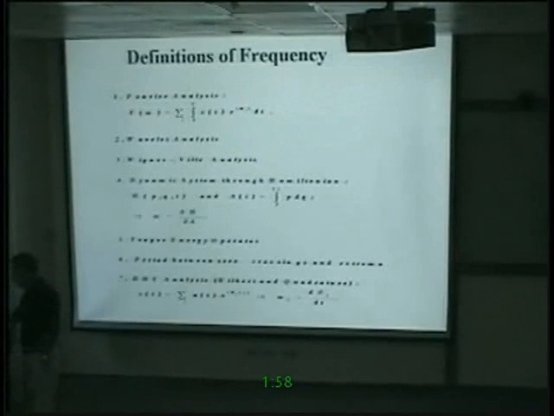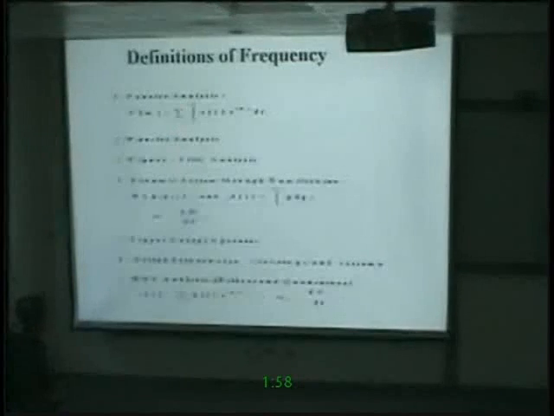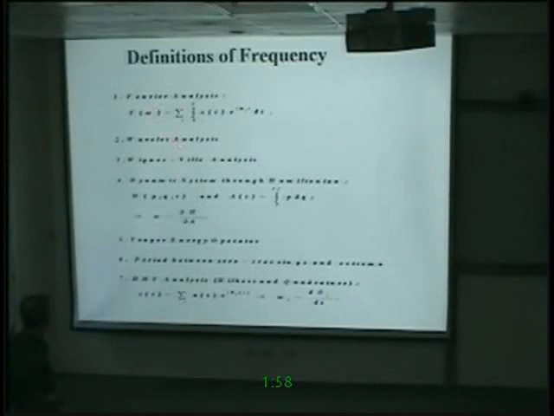There are many, many ways to define frequencies, and when we talk about instantaneous frequency, we are going to talk about the different ways. There is Fourier analysis, wavelet, Wigner-Ville, even dynamic systems where you can define a Hamiltonian, and finally we have this HT analysis, the Hilbert transformation.